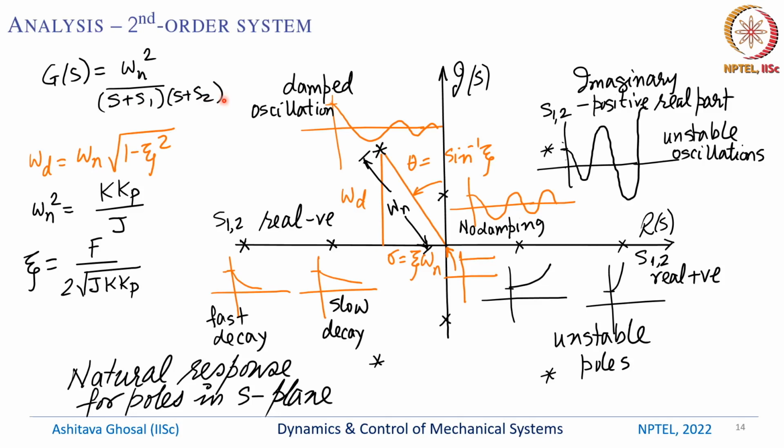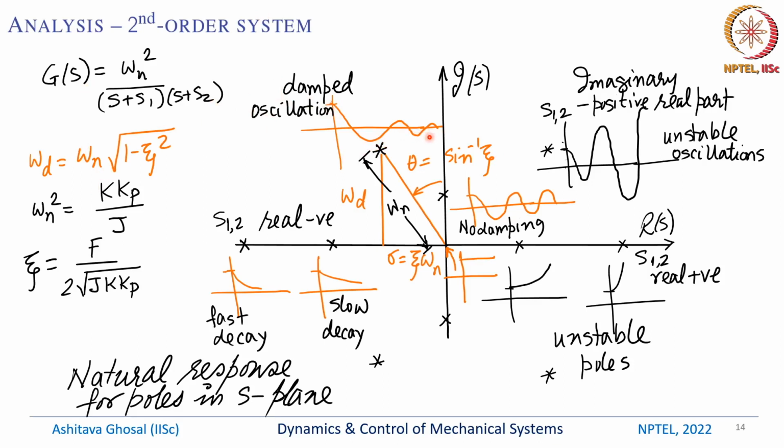If they are complex conjugate, which means one pole is here and the other one is here, then the output of this system for an impulse, or if I just give it 1 as the input, theta d of s is 1, not 1 over s, then it will look like this.